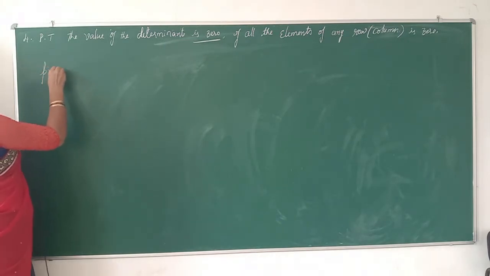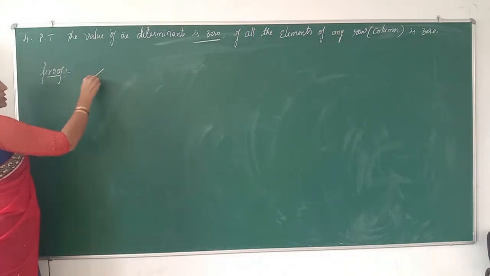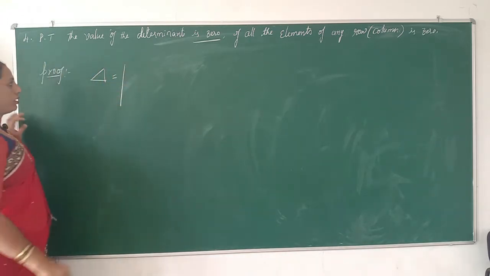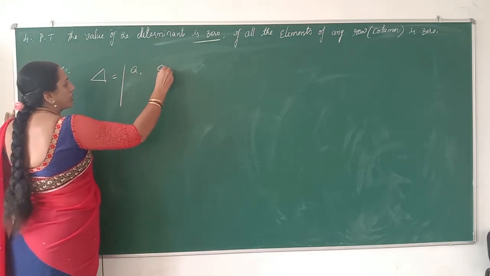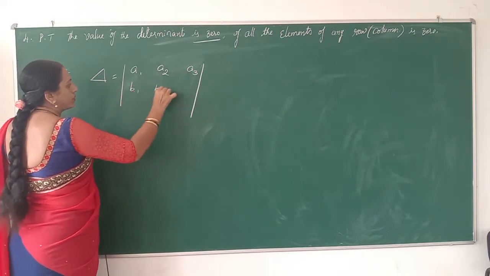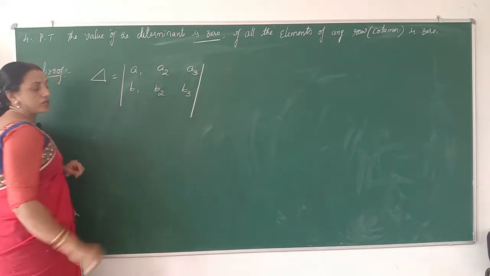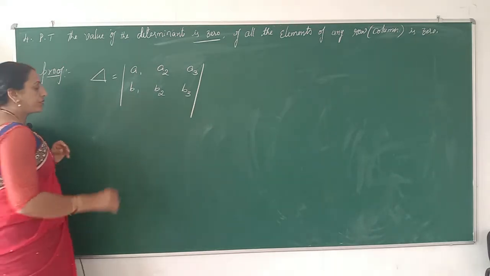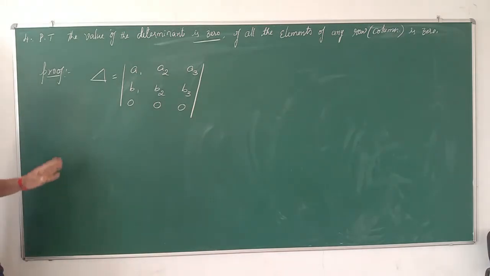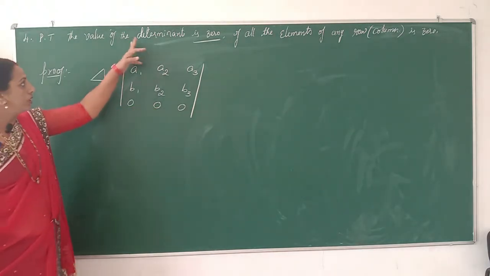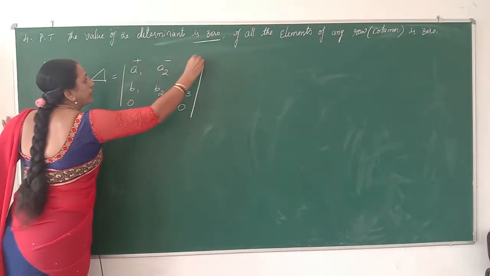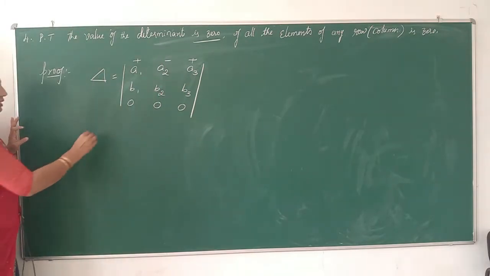If all the elements of any one of the rows or columns are 0, then the value of the determinant is also 0. In general, the elements are a1, a2, a3 in the first row, b1, b2, b3 in the second row, and c1, c2, c3 in the third row. But suppose some row or column elements are considered to be 0. Then the value of the determinant is also 0. We expand using any one of the rows or columns.